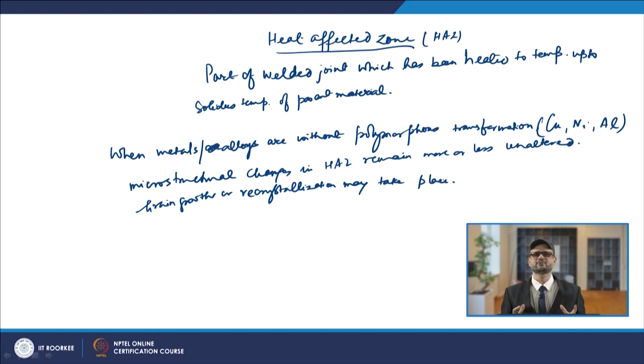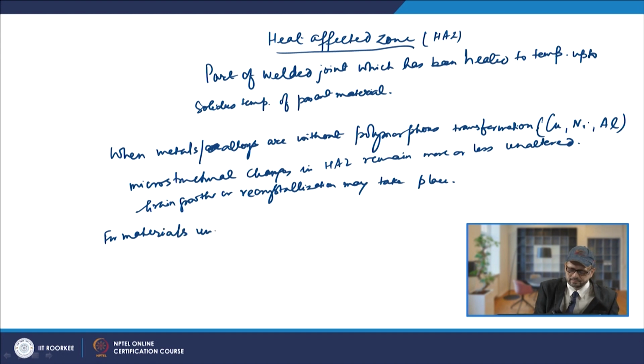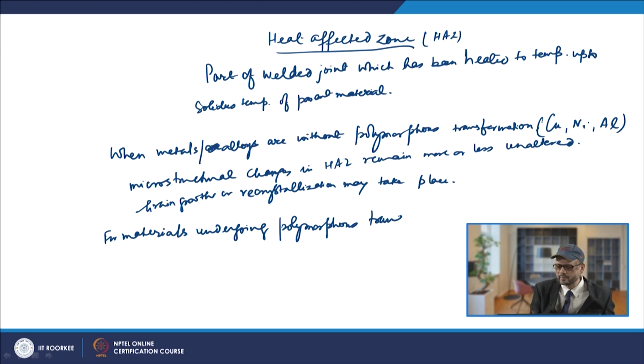Now, that is for materials which do not undergo the polymorphous transformation. For materials undergoing polymorphous transformation, like steels where these things are very much prevalent, you have macrostructural changes visible in the heat affected zone.